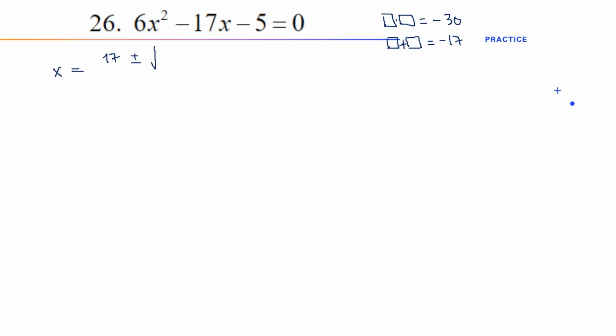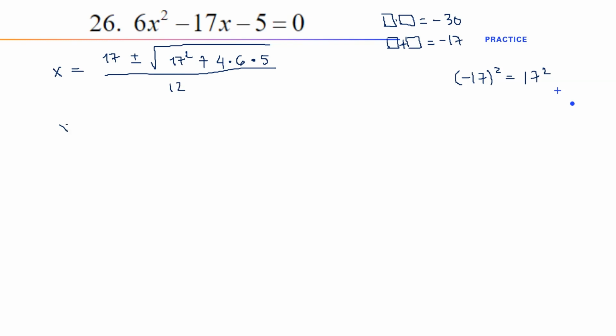And negative b is positive 17, negative and negative, right? Plus or minus the square root of b, negative 17 squared. It's the same thing as 17 squared. Alright, now minus 4 times a is 6 times c is negative 5. So I take that negative in front, make it positive. Alright, 2 times 6 is 12. Now simplify that. 17 plus or minus the square root of 289 plus 120.